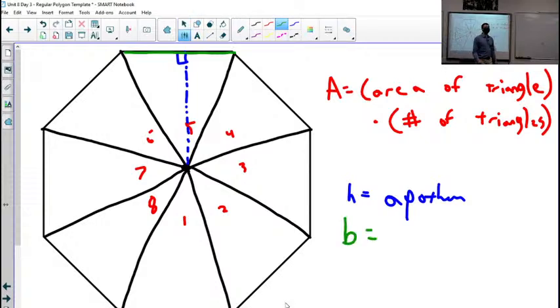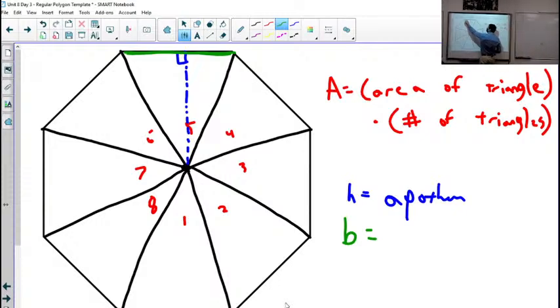But the base, we should be able to point out where it is. Where is the base in relation to my octagon? It is where? On the bottom, or in this case, it's on the top. In the octagon, where is it? It's a side.